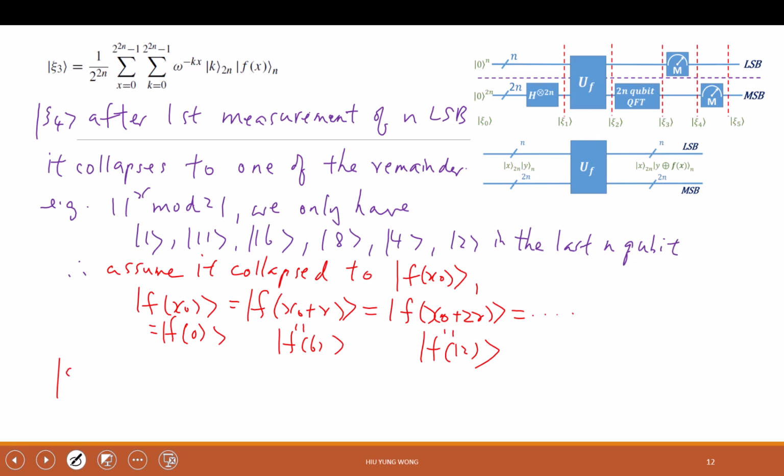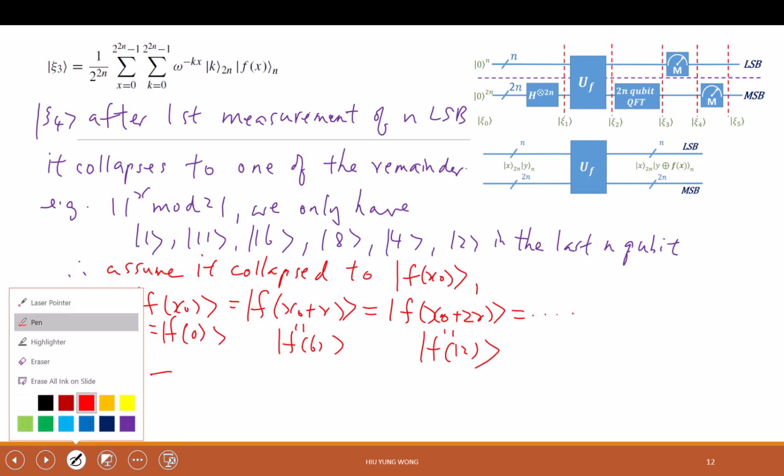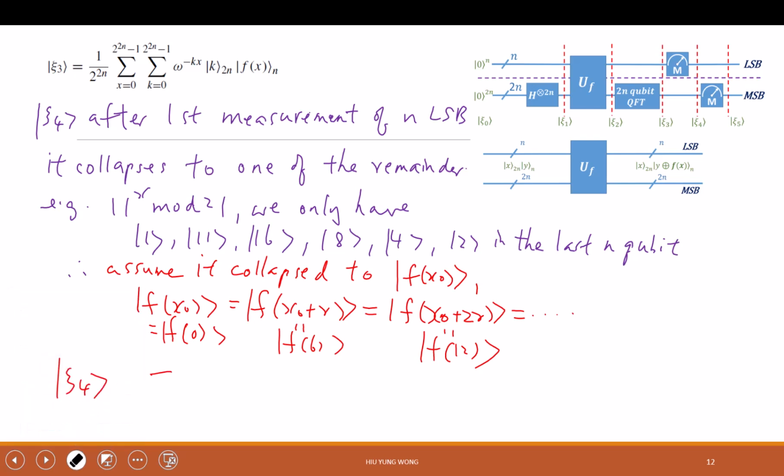So C4 is going to be, and we don't do normalization, right? So I will just write down, I'm not going to keep the factor here. Because after measurement, you need to renormalize, so I just say it is proportional to this.